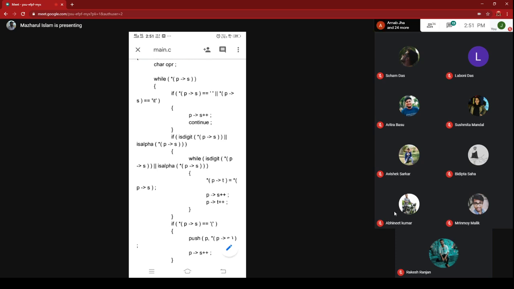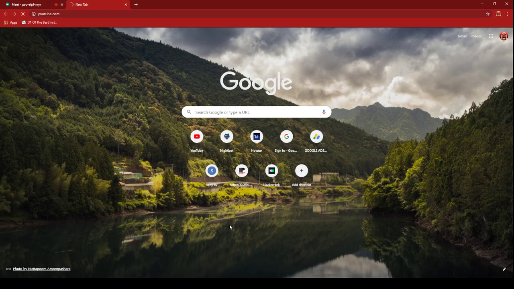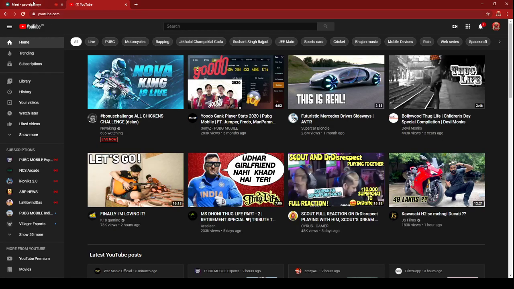Another provision is that this is one provision within the if, there is a while loop. That while loop will iteratively take the operand. When it is the left bracket, what I told, as per the algorithm, you directly have to push to the op stack.